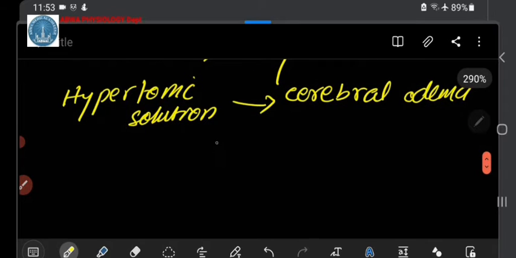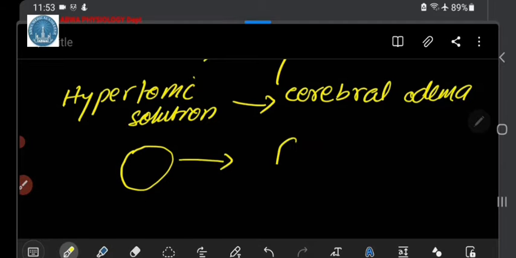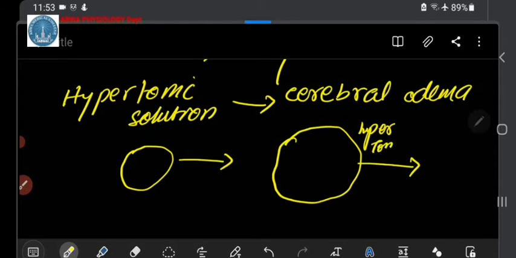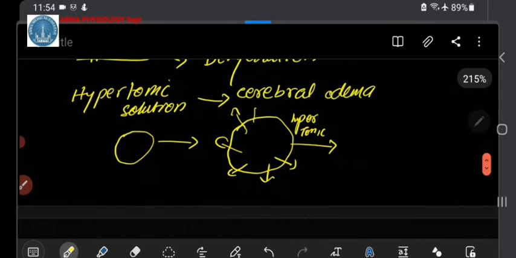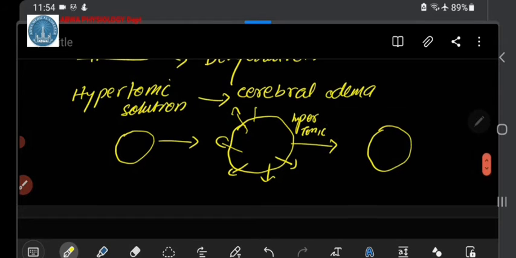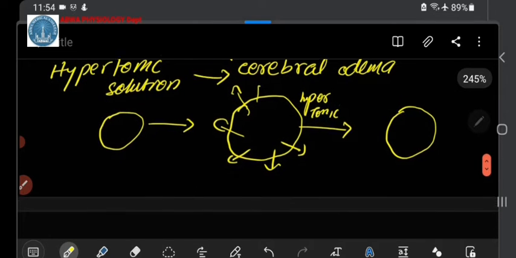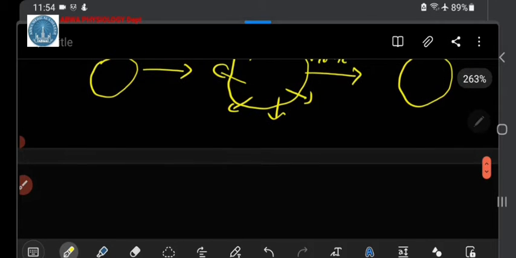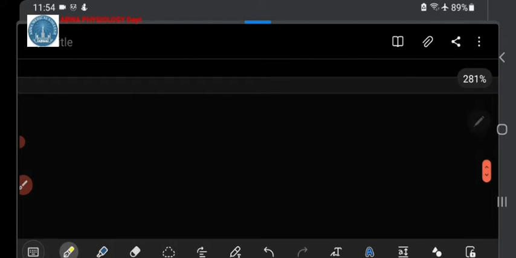For example, if the normal size of the brain cell is this, and it becomes like this, then by giving the hypertonic solution, it will squeeze out the extra water from the brain cells and eventually make it return to this normal size. Due to any medical condition, these medical conditions will be taught to you in your clinical classes. That will help you understand the basic concept of the tonicity of the fluid.